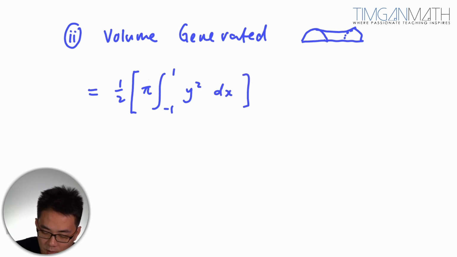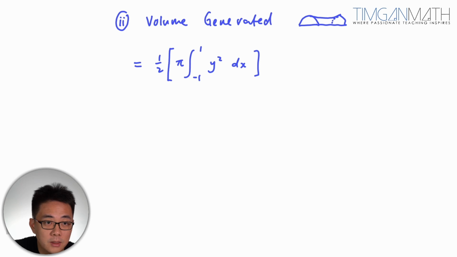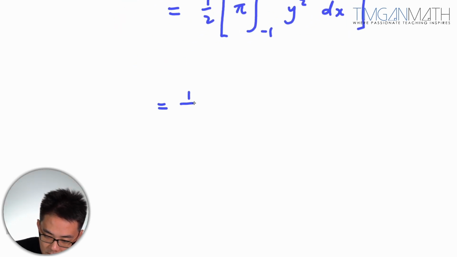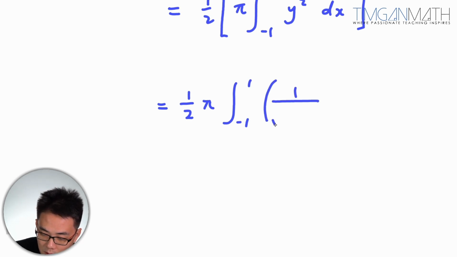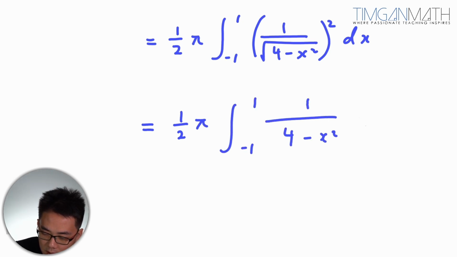So y squared, we're just going to square that, and that will give us half pi, integral from -1 to 1, of 1 over 4 minus x squared dx.